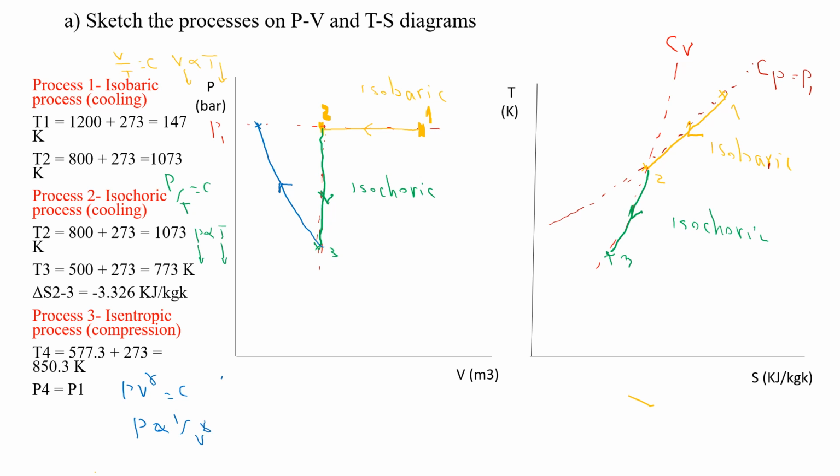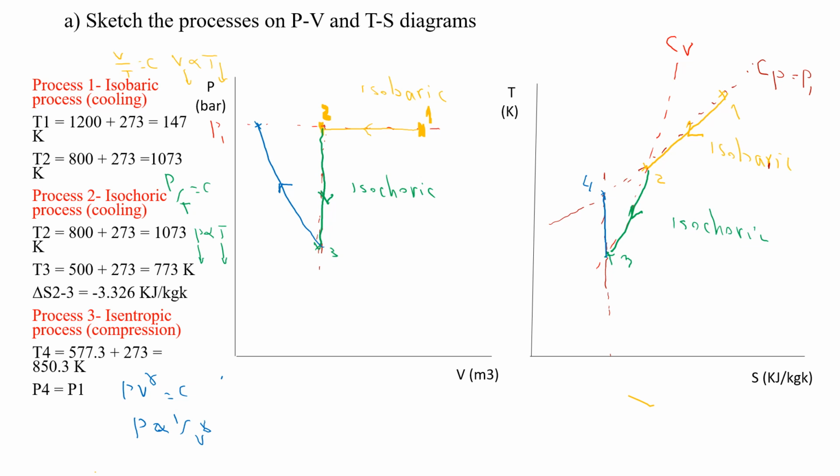Now we will see how it looks on the TS diagram. As it is isentropic process, that means it is happening on a constant entropy line. So we are going to have the process from 3 all the way to the point 4.